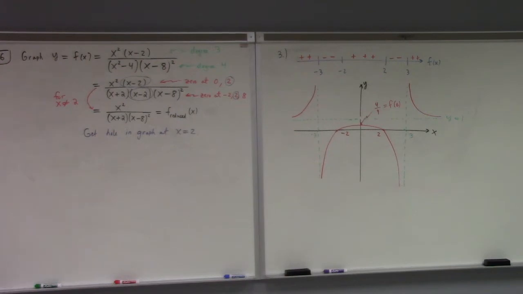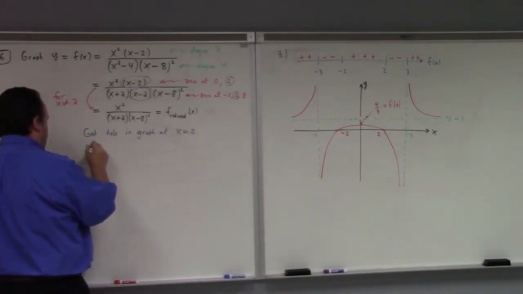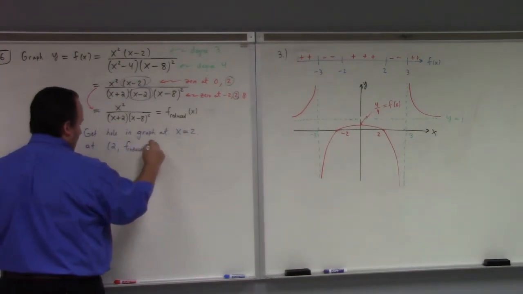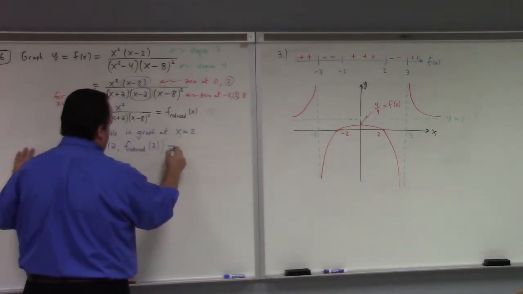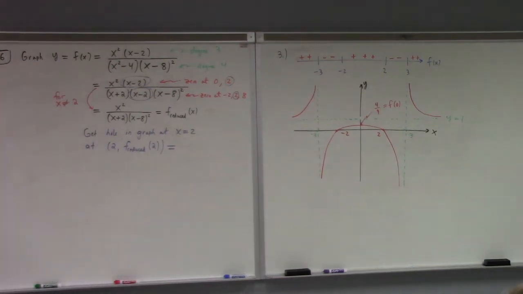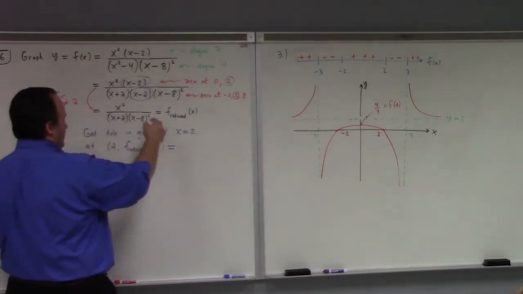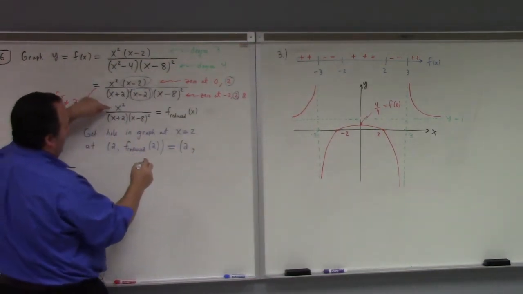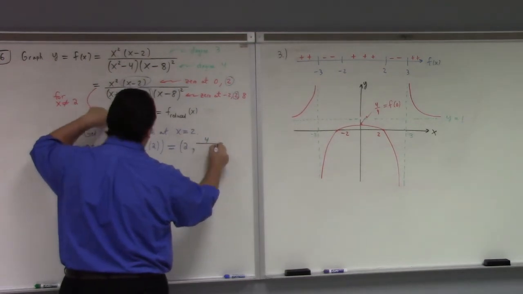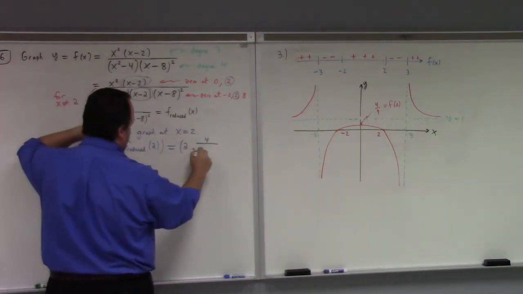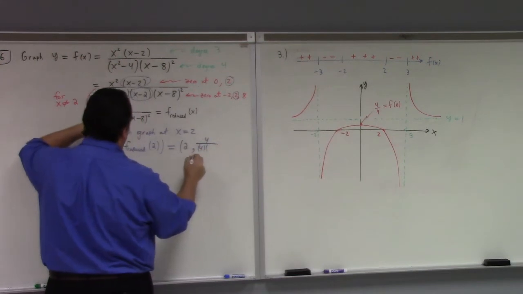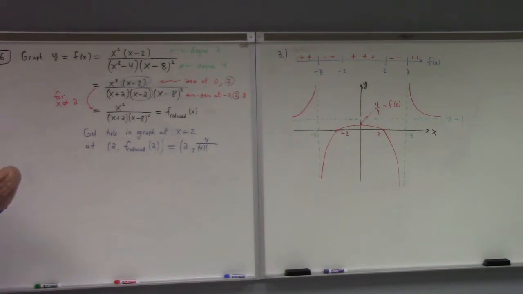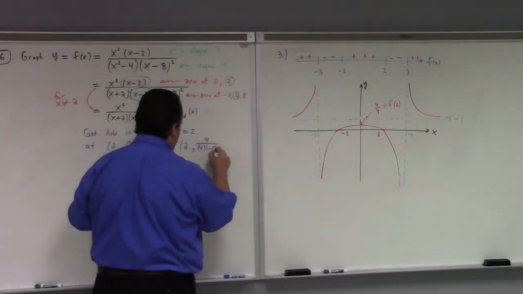And more than that, where is the hole? Actually at 2 comma, you plug 2 into the reduced function. And that will give you where the hole is. So the hole is going to be at 2 comma, what happens when you plug 2 into that formula? We get 4 over 4 times, 2 plus 2 is 4, right? 2 minus 8 is minus 6, so we get 4 times minus 6 squared.